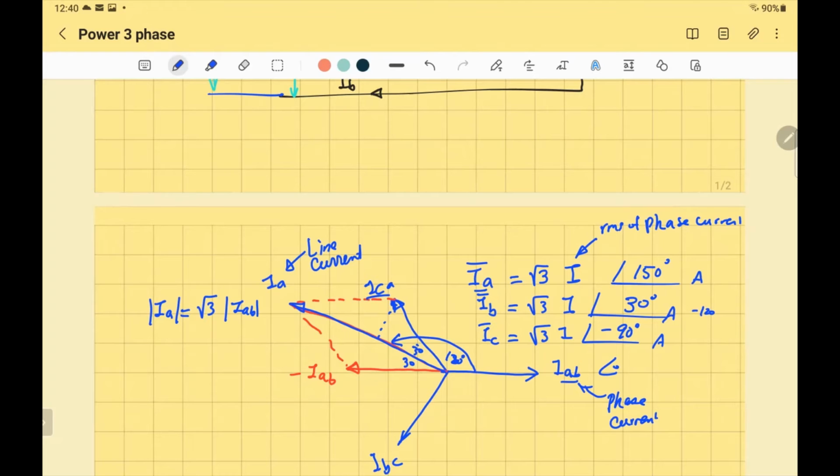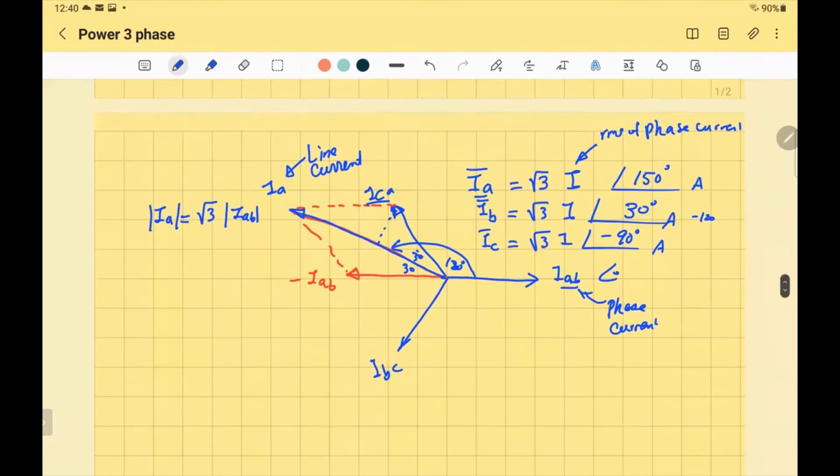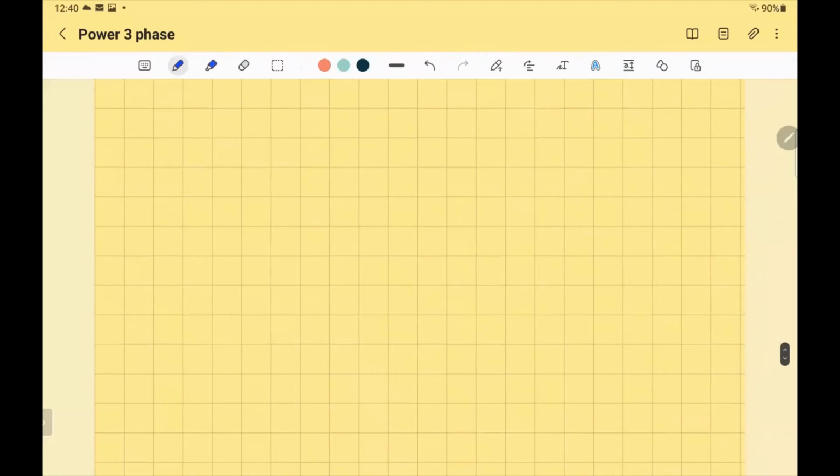That's the source. What about the load? Here is the picture for the load.